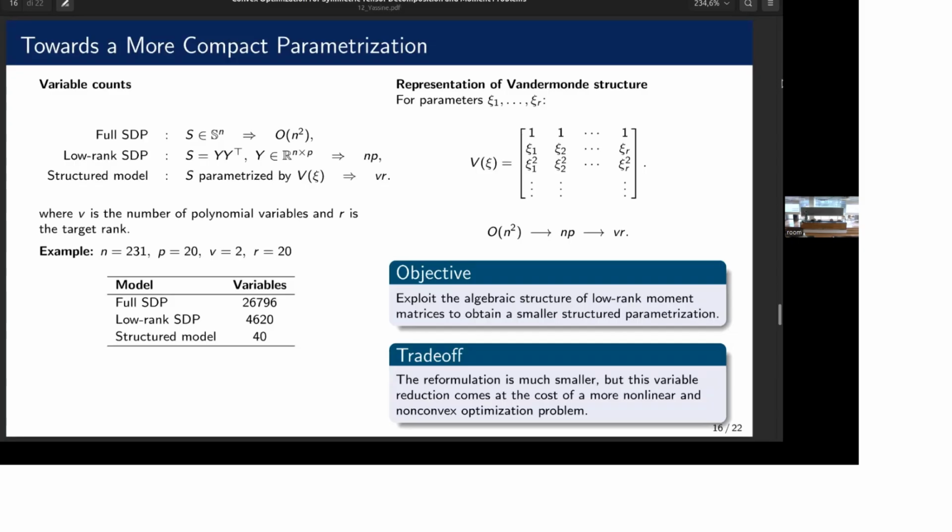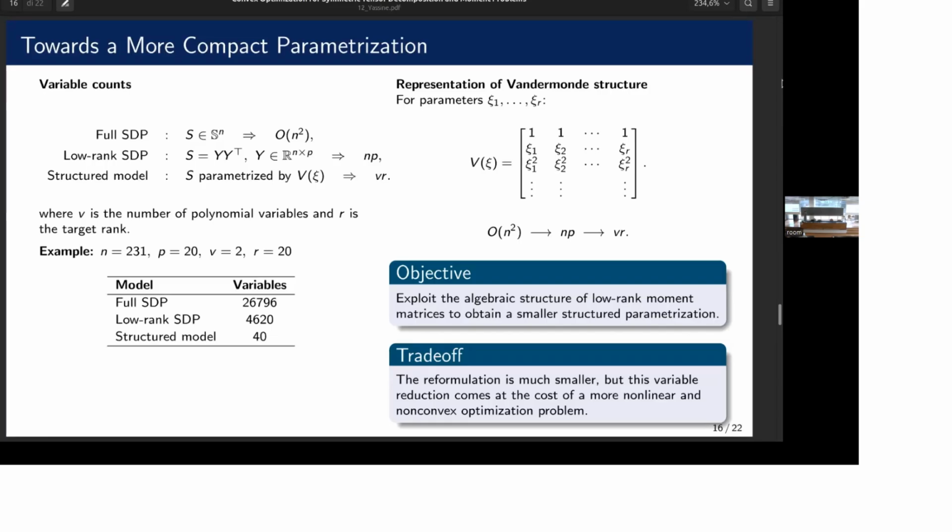For low rank SDP, we will have n times p variables, and with the parameterization of S by a Vandermonde matrix, we reduce the number of variables to v times r, where v is the number of polynomial variables that we start with, and r is the target rank.